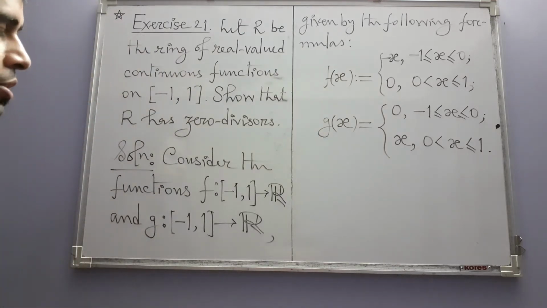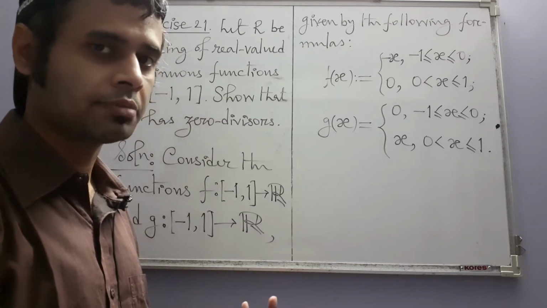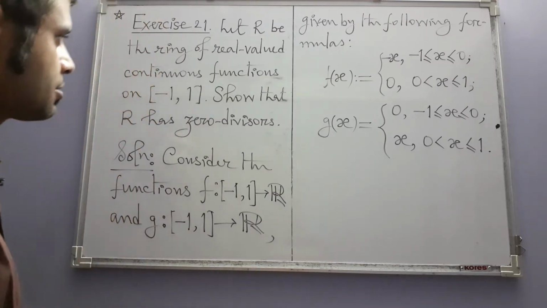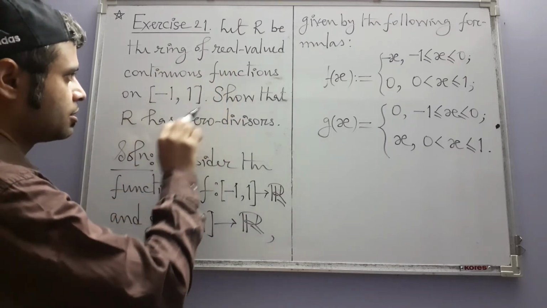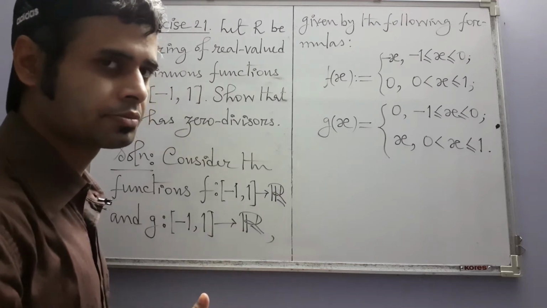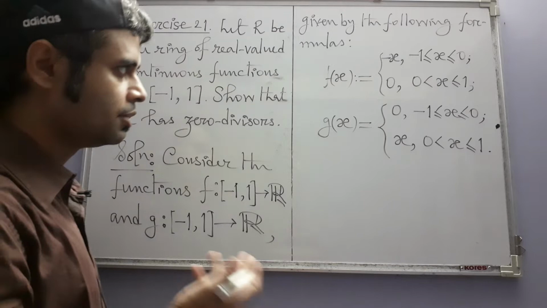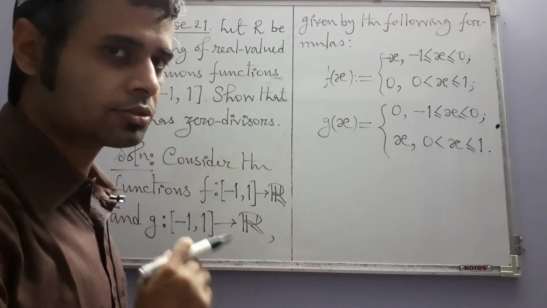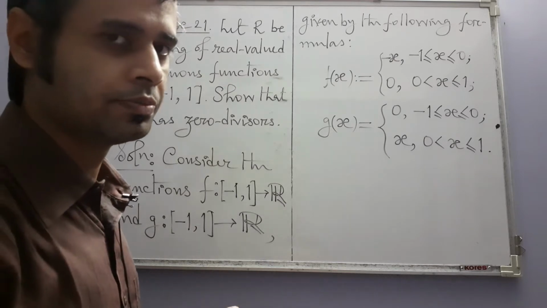Okay, now simply defining two functions is not enough for them to be in R, because R has not just functions defined on this domain, but those functions that are continuous. Now there are of course different ways of showing that these two functions are continuous, which I am not going to go into.